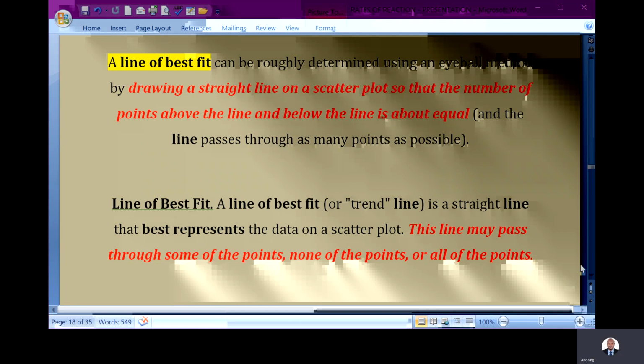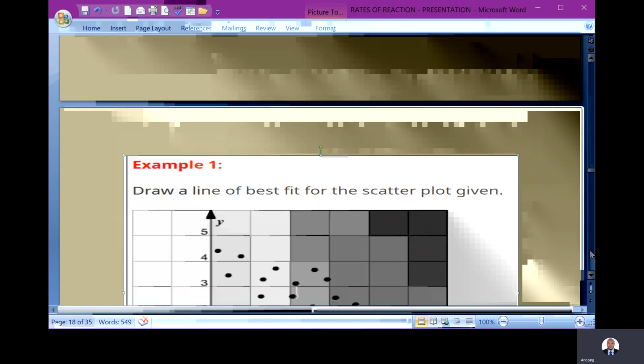There is something that must be noticed in drawing a line of best fit. At times the line may pass through all the points, in that case that is a straight line graph. At times, it may pass through only a few of the points, and at times it may not even pass through the points. I want to show an example of it.